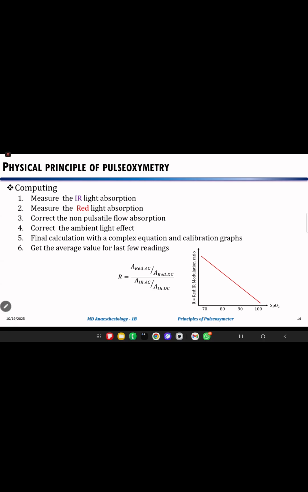They use complex equations and calibration graphs, and will get an average value for the last 8 to 10 readings before displaying the final result. That's why you don't get the pulse oximeter reading immediately after you put the pulse oximeter on. It will take a few seconds to display the final value because they are taking average values.